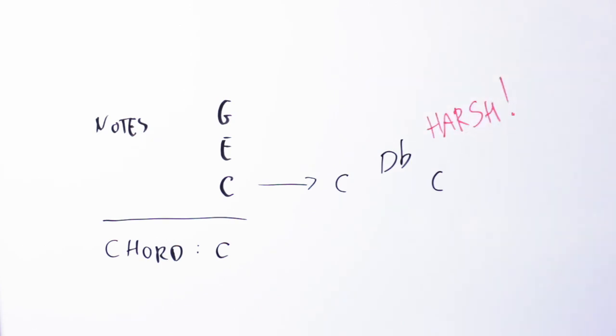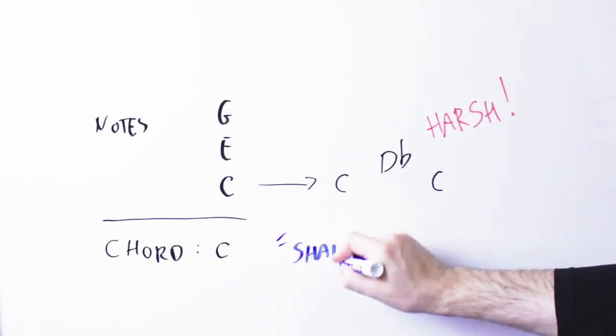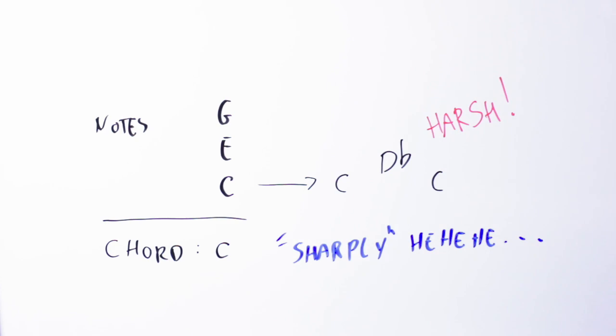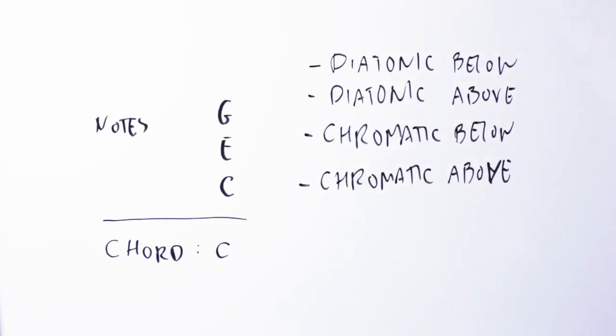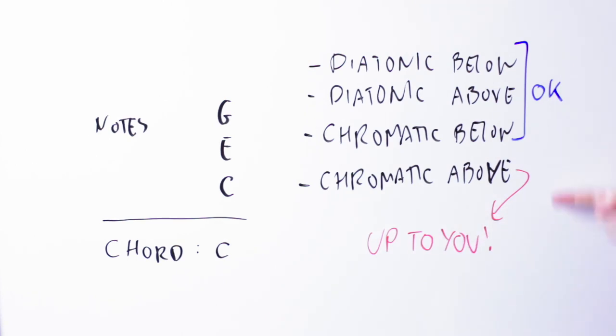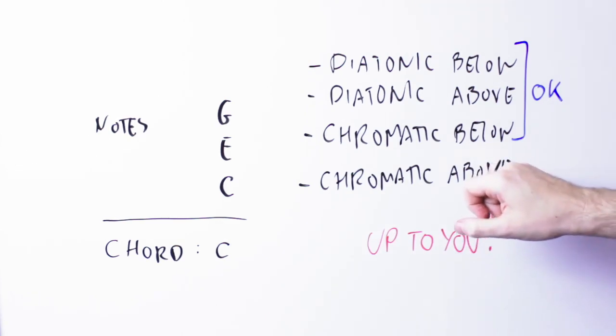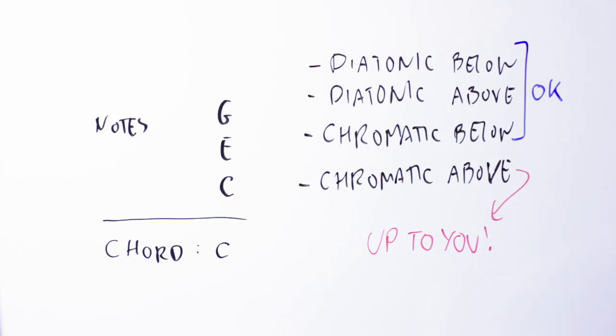Now, here is where the opinion of musicians differ sharply, because most people like diatonic above, diatonic below, and chromatic below, but only a few people like the chromatic above. I have no problem with you if you like or if you don't like the sound of the upper chromatic neighbor note.